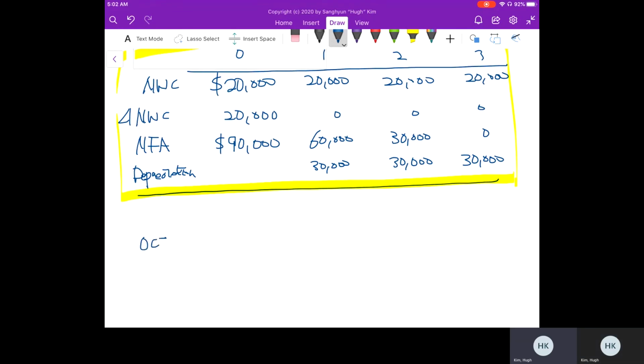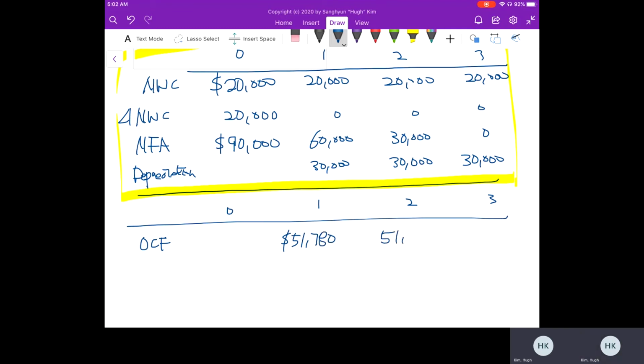So OCF is $51,780 per year for 3 years. And then we subtract the change in net working capital. So we have to subtract that for year 0.